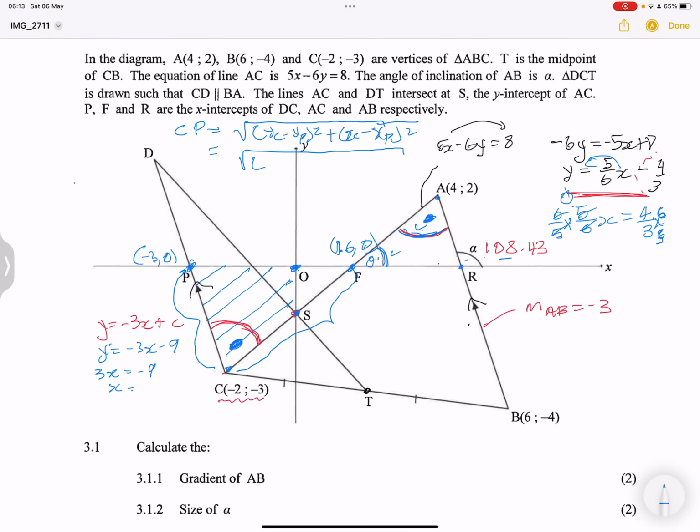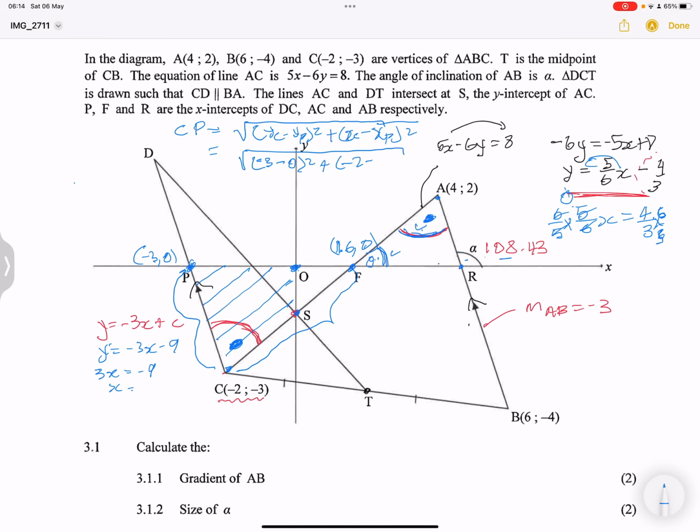So that's yc, which is negative 3, minus yp, that's 0, so that's minus 3 squared, plus xc, that's negative 2 minus a negative 3.